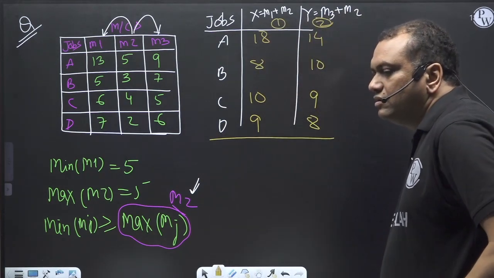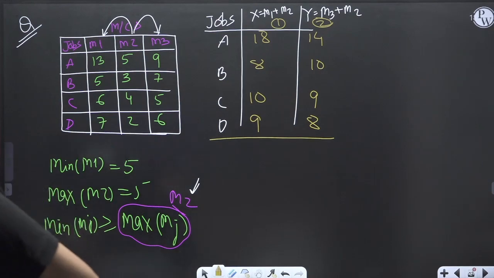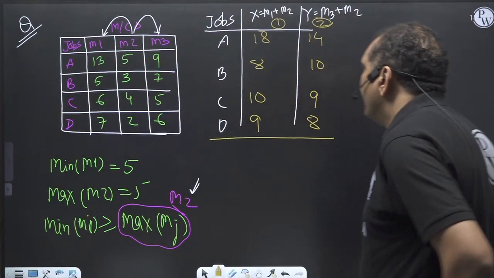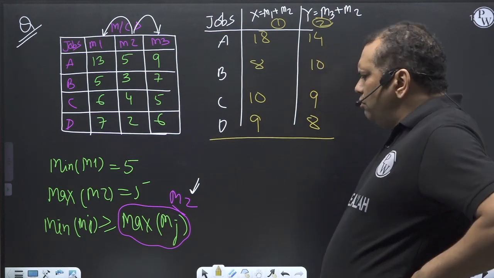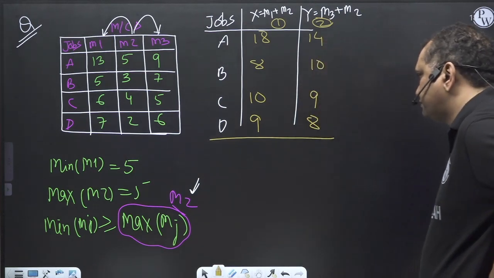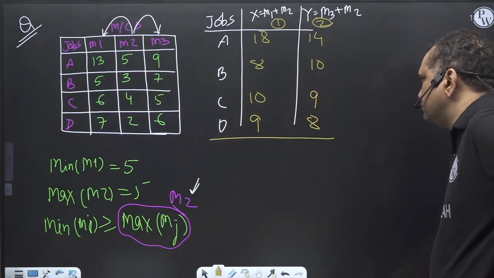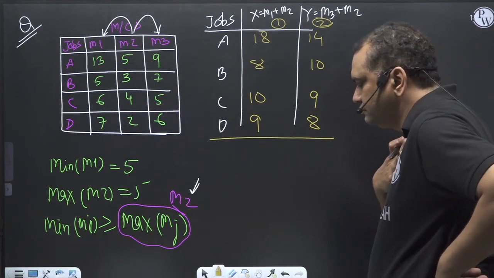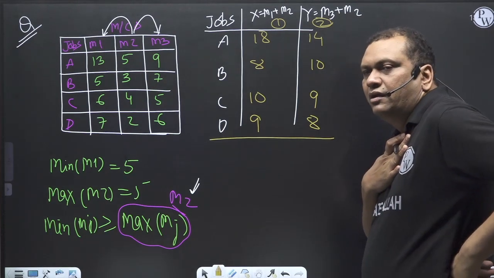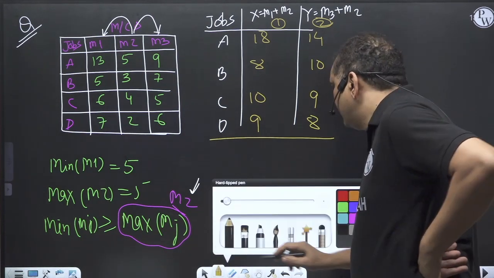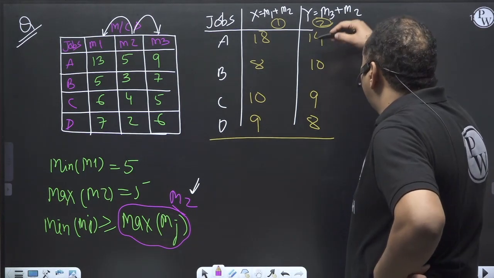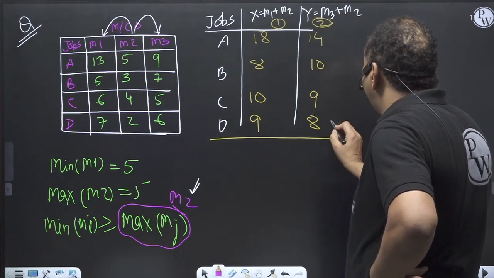Now, do the sequencing as per the normal procedure. Minimum is 8.